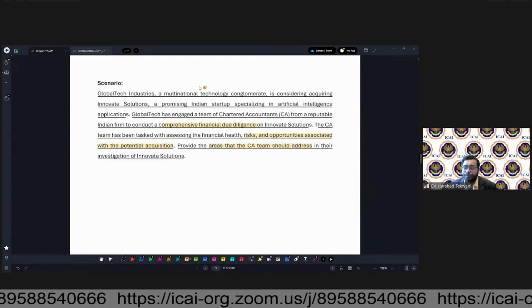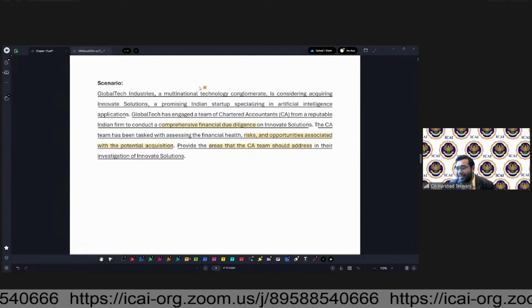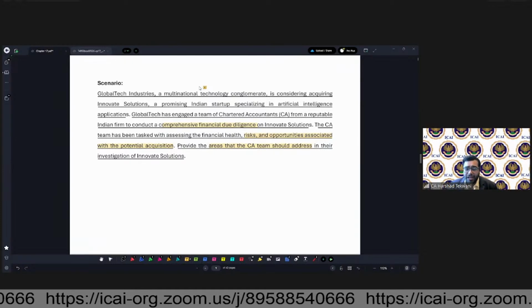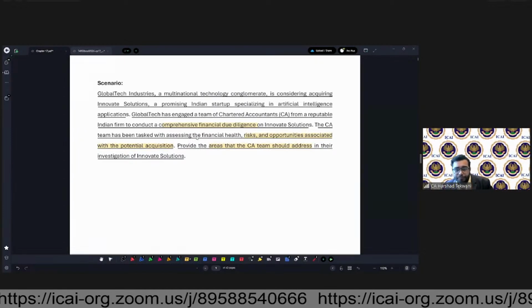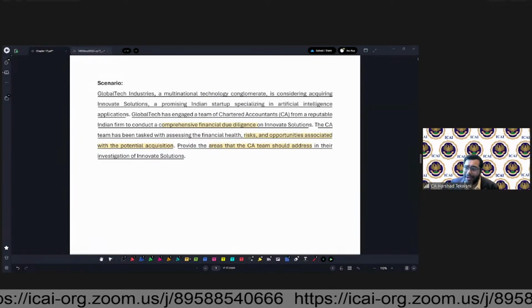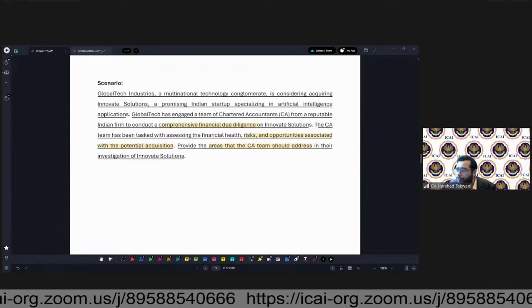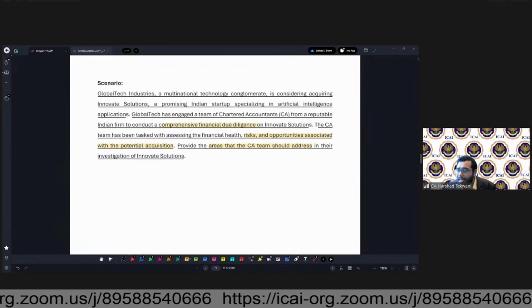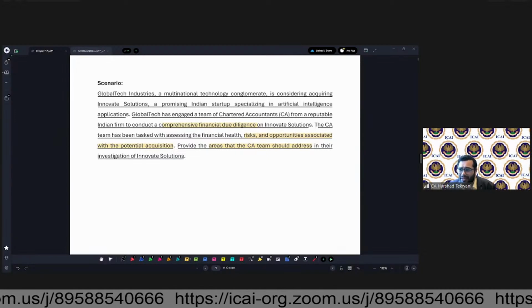Okay. Good. So, when it comes to financial due diligence and the areas that I need to look into, the first area that I am required to look into is my financial statements or financial history, basically.